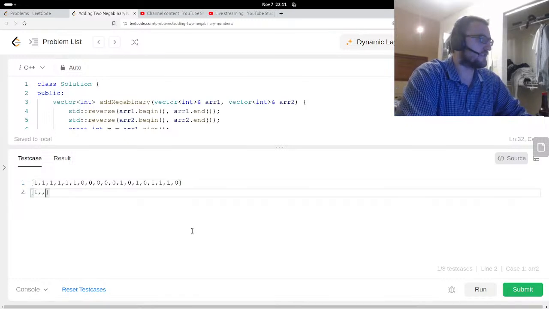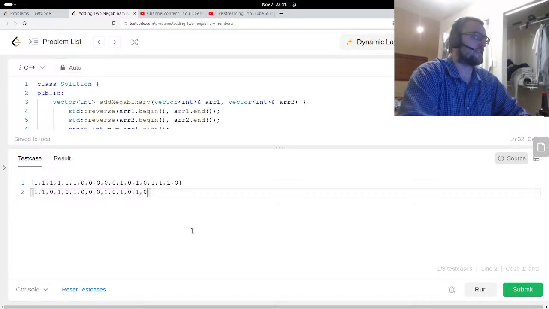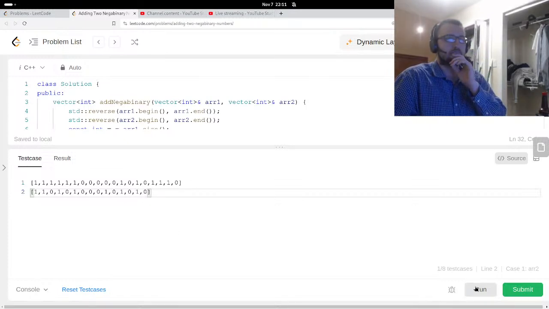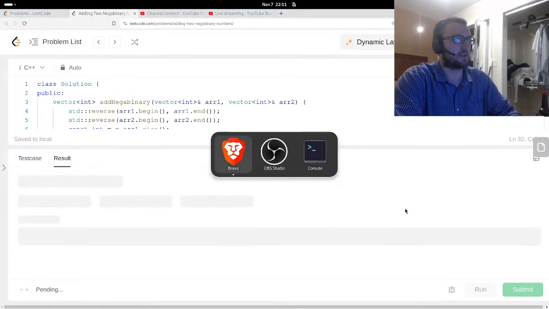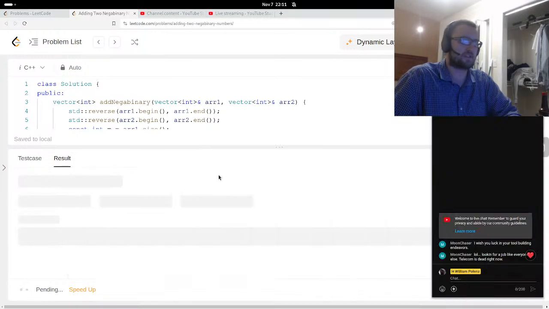And we'll try something like this. Okay, I should probably generate a whole bunch of random test cases.